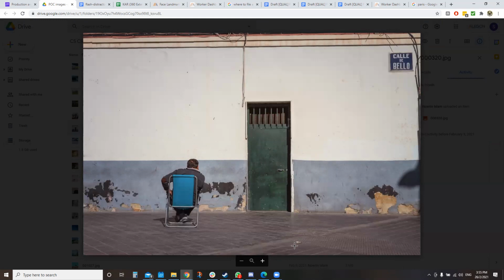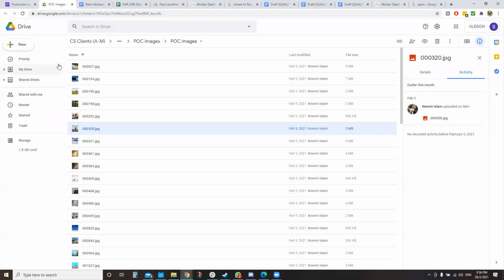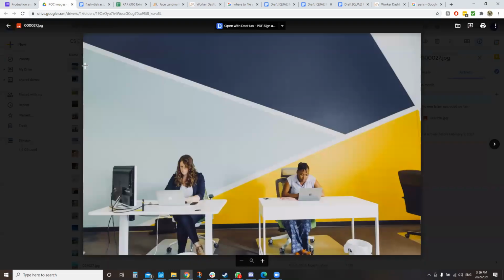So again, I'm talking about distraction, but I'm also talking about focus, the focus of the picture. If I talk about the first picture here, do you know what the focus of this picture is? Humans. The two women working on a computer on the desk, correct?